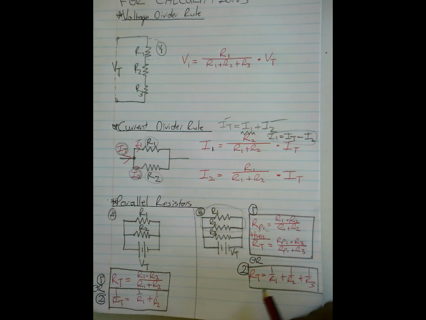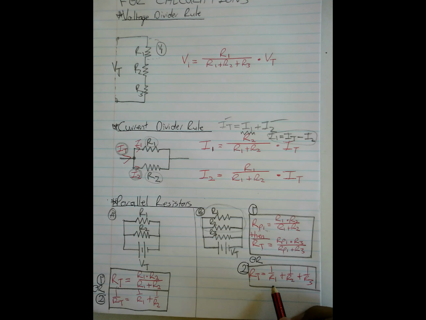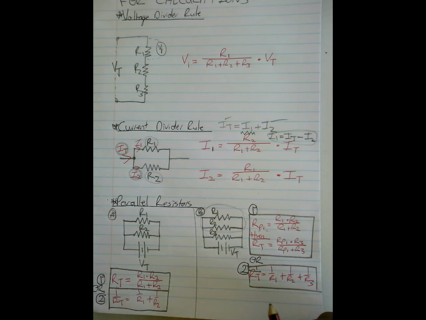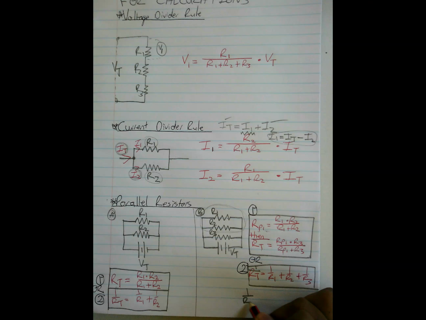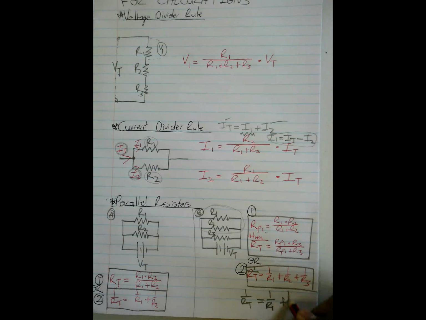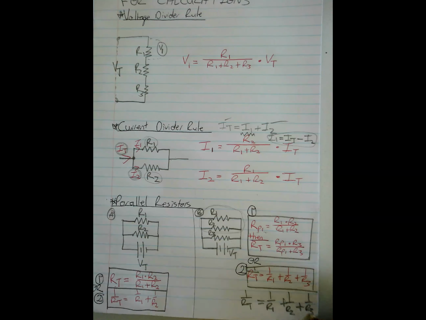But you have another method, and this method is a bit simpler. It is 1 over RT equals 1 over R1 plus 1 over R2 plus 1 over R3.